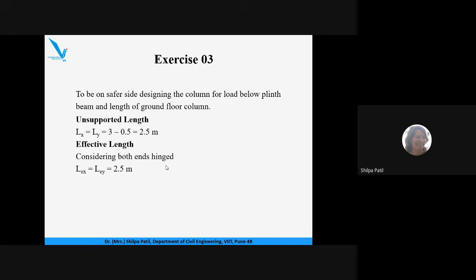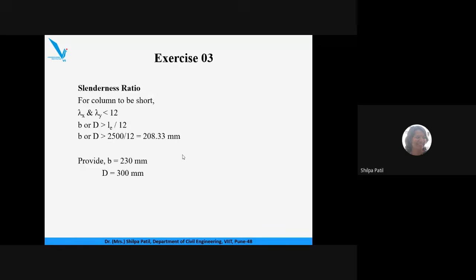But we are designing the column for a lower capacity, so we are designing on the conservative side. You can consider for your turn either both ends fixed or both ends hinged. It is up to you. You decide. If you want to design for fixed, you can use the fixed condition also. Practically, it is always fixed.